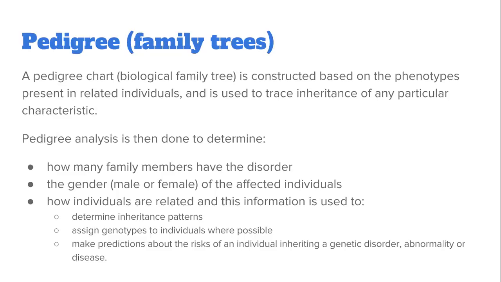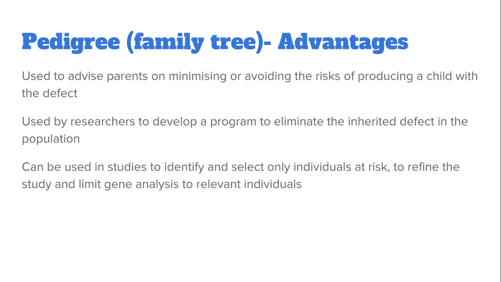And then once we have that information, we're able to determine inheritance patterns, assign genotypes to individuals if we can, and then we can make predictions about the risks of individuals inheriting genetic disorders. And if you were lucky enough to study our Stage 5 Rita Hill Science course, we did do a pedigree chart for our genetic case study.